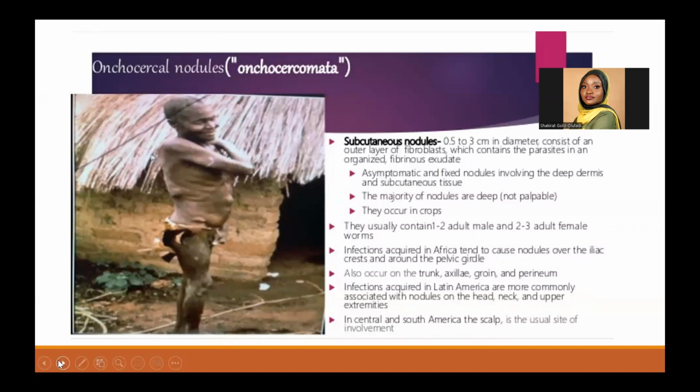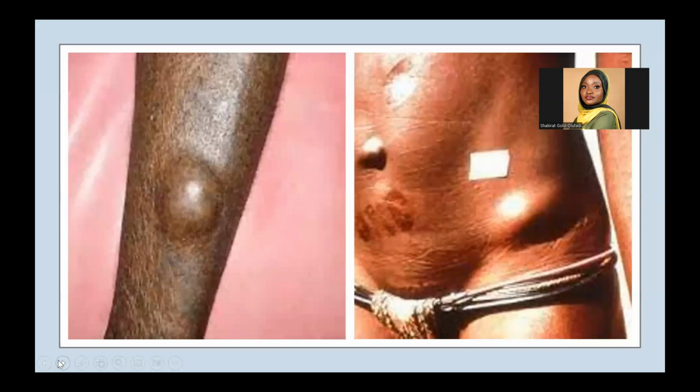And that can be seen commonly. It's not everyone that has onchodermatitis that will develop this, but where you suspect it, you must search for it or check other parts of their body for these onchocercal nodules.